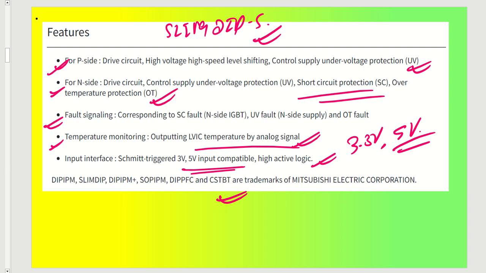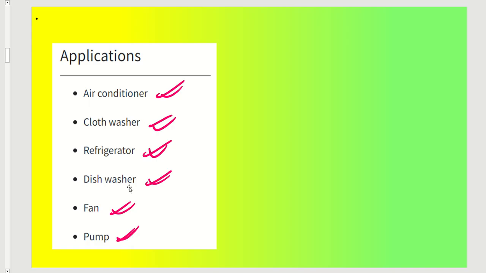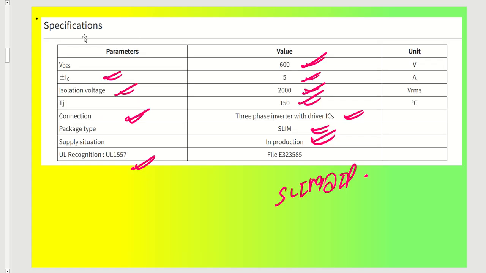We have also seen earlier the different applications it can be used for. Basically, the SlimDip S package can be used in air conditioner, cloth washer, refrigerators, dishwasher, fan, pump. And this is the specification that we have already seen.